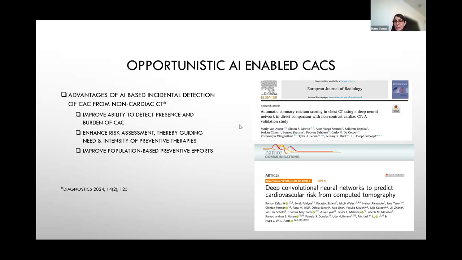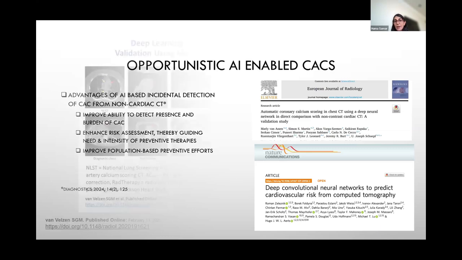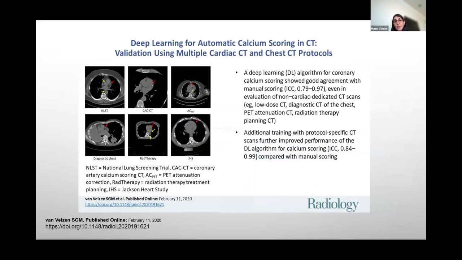And although these initial AI algorithms worked mainly on these lung cancer screening scans, there are now algorithms available that can obtain a calcium score on a CT scan that is done for a variety of different reasons. Even an attenuation correction CT scan that's done for PET imaging, or a chest CT scan that's done for radiation therapy planning, can generate a calcium score for these patients.